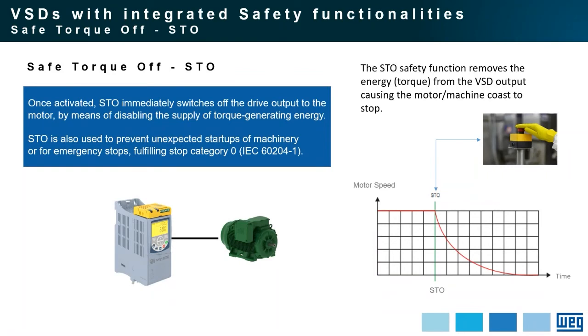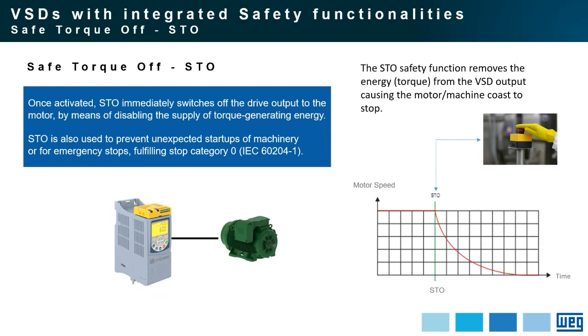It means that the variable speed drive will make sure that the motor does not have torque to control the machine. This STO is used to prevent unexpected startup of machines, for example for maintenance purposes, fulfilling stop category 0.